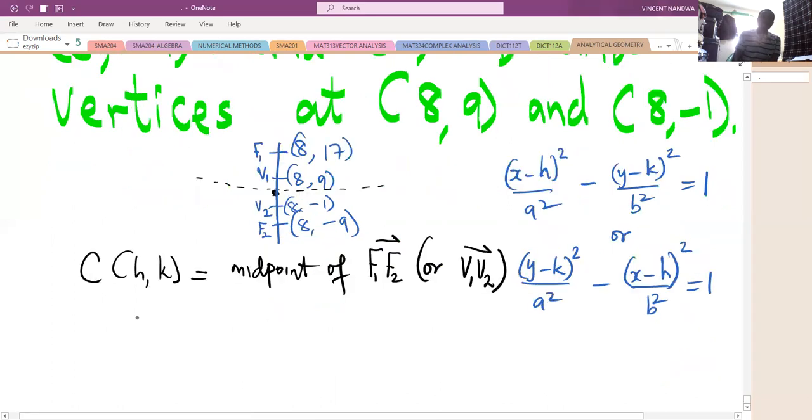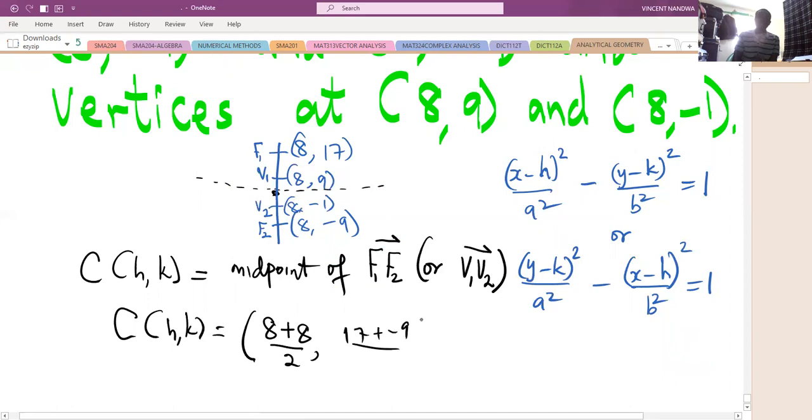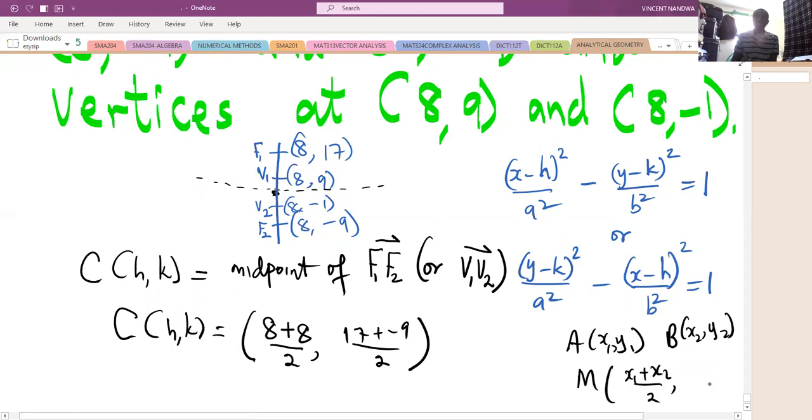Remember, to get the midpoint of two points (x1, y1) and (x2, y2), the midpoint is given by (x1 plus x2) over 2, (y1 plus y2) over 2.